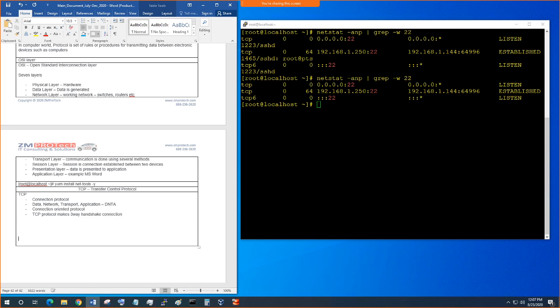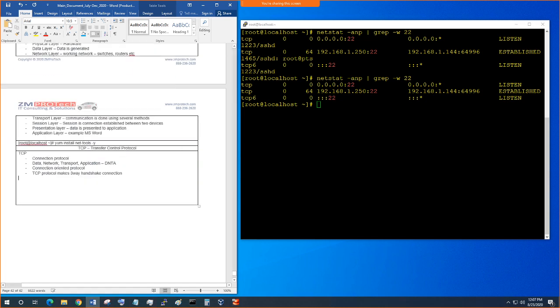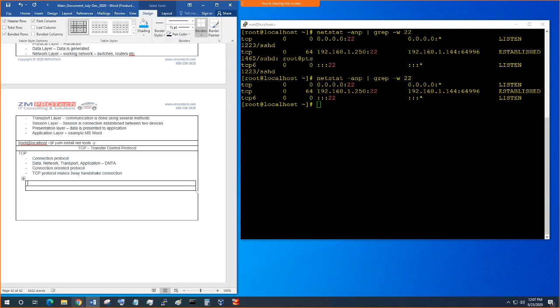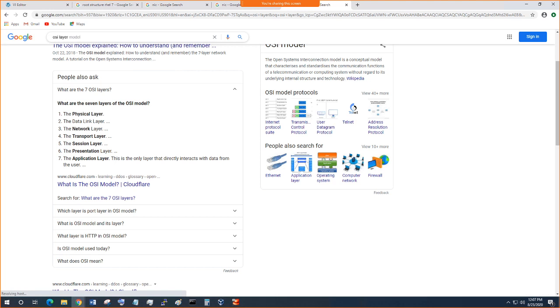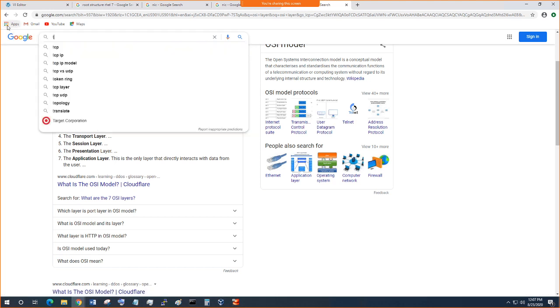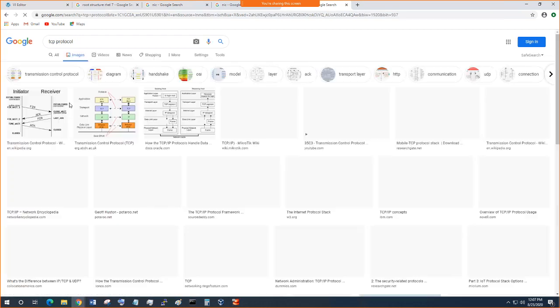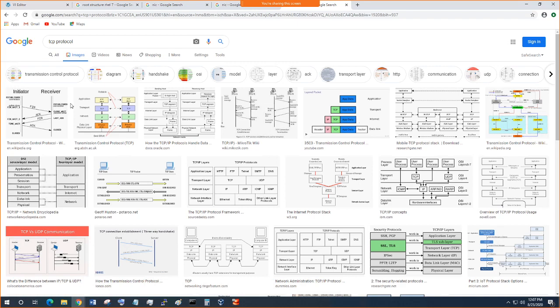Okay, I'll explain. Let me go get a picture first. What does this mean? Let's see here. I type TCP protocol and go into the images.